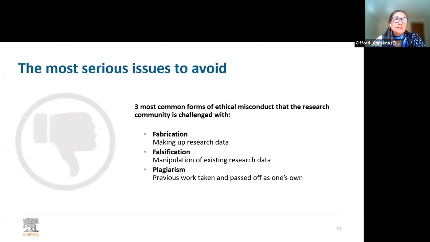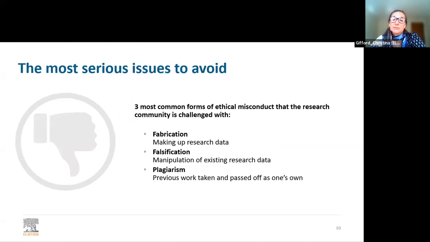Publishing ethics. The most serious issues to avoid in publishing ethics are fabrication, which is when the researcher makes up data. Falsification is when the data collected is manipulated to fit certain trends. Plagiarism is when work previously done or reports previously written are taken and passed off as one's own work.